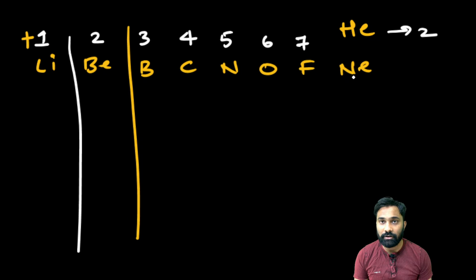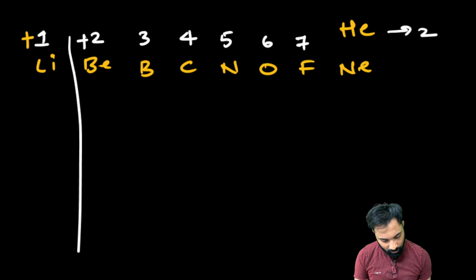To reach the neon electronic configuration, it should gain 6 electrons. Is gaining 6 easy or loss of 2 easy? Loss of 2 is easy. That's the reason the entire alkaline earth metals oxidation number will be +2. Now next comes boron. When it comes to the boron family, loss of 3 is easy instead of gain of 5. So here it is +3.